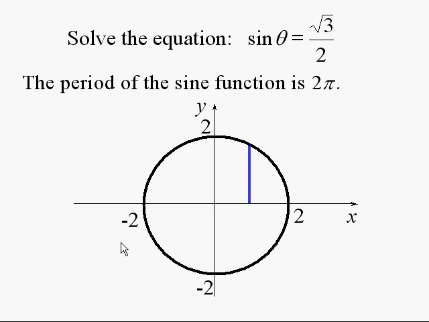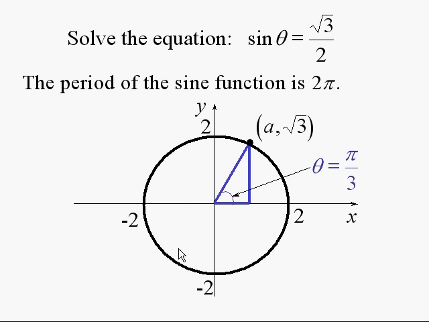And a triangle whose radius is 2 would have sine root 3 over 2 happening where we've got an angle of pi over 3 in quadrant 1. Well, what's relevant is that for the sine function, opposite over hypotenuse, opposite would be positive in quadrant 2 as well as in quadrant 1.